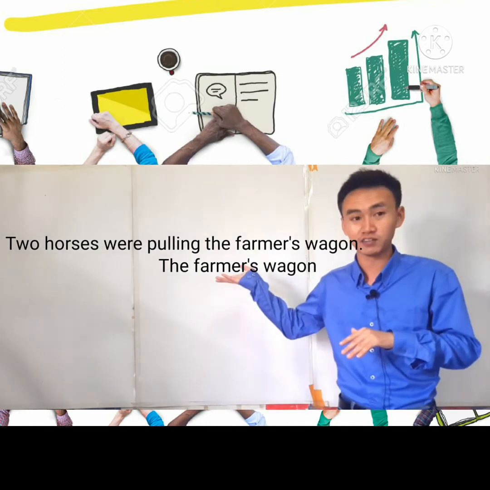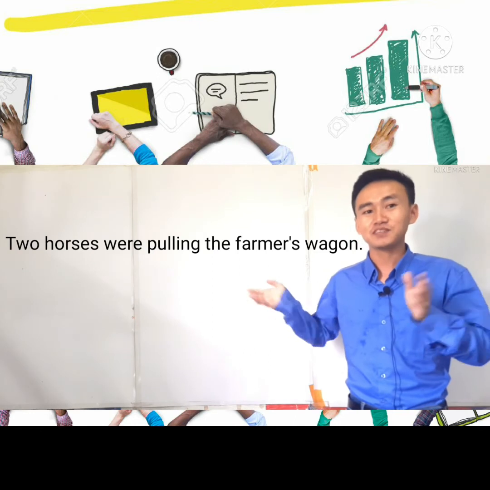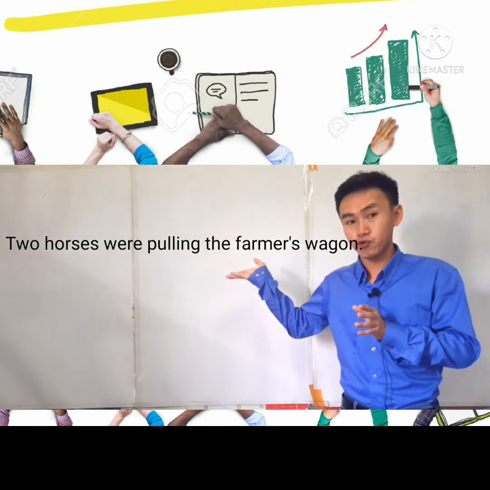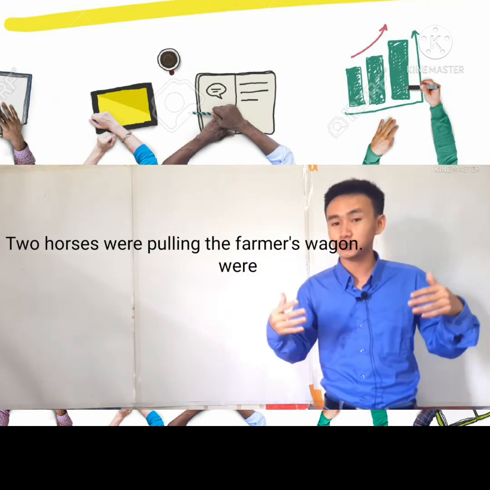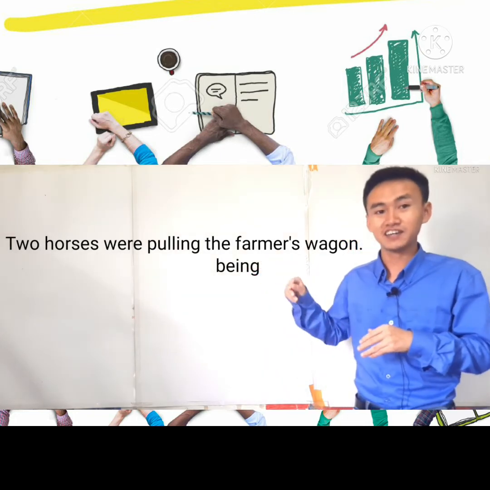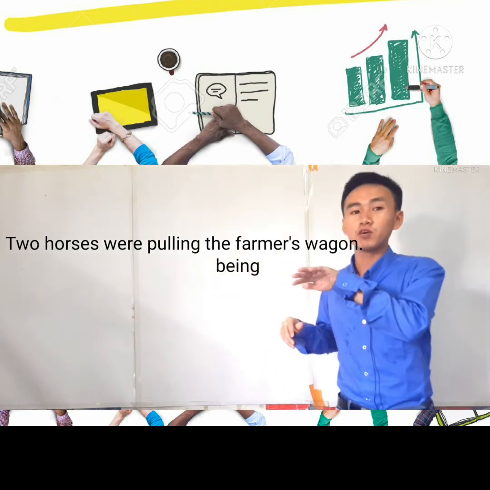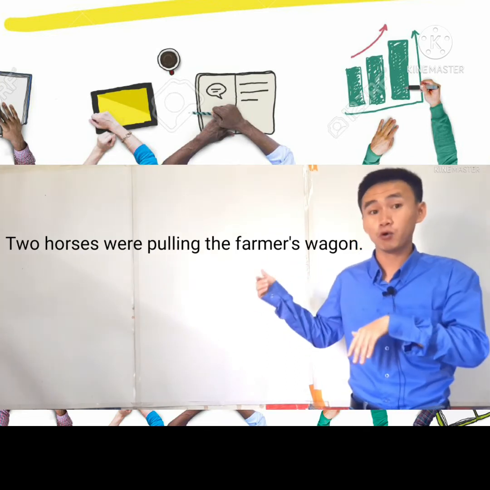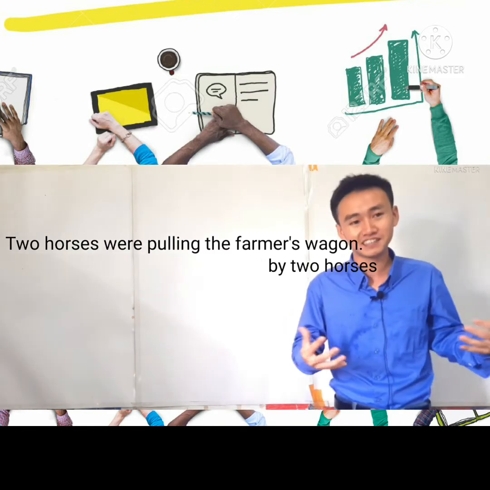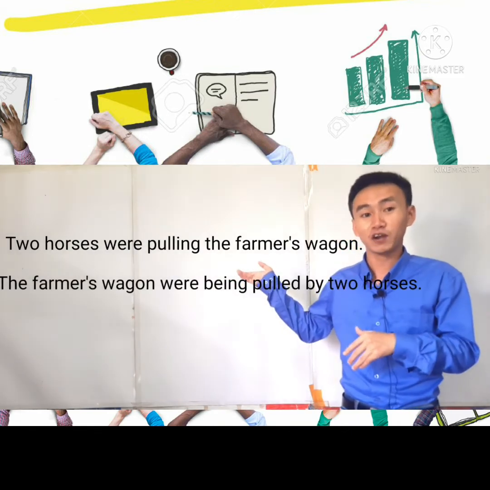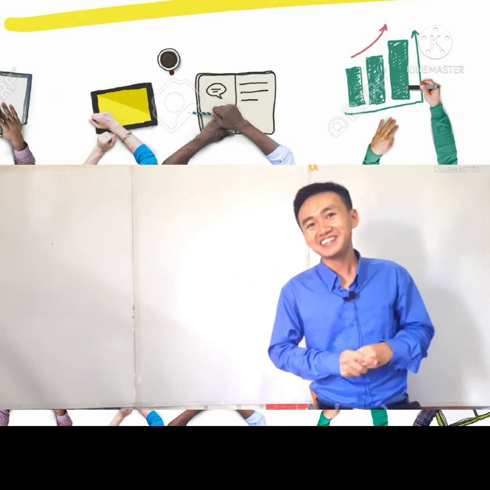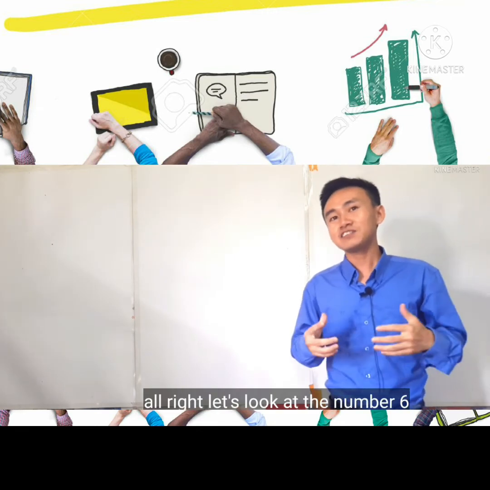We use the farmer's wagon as the subject, and after that, we add the verb to be, and in this one it's a past continuous, right? That's right. We use being, and we change the word pulling to pulled by two horses. Alright, and the sentence will be like this. The farmer's wagon was being pulled by two horses. Alright.